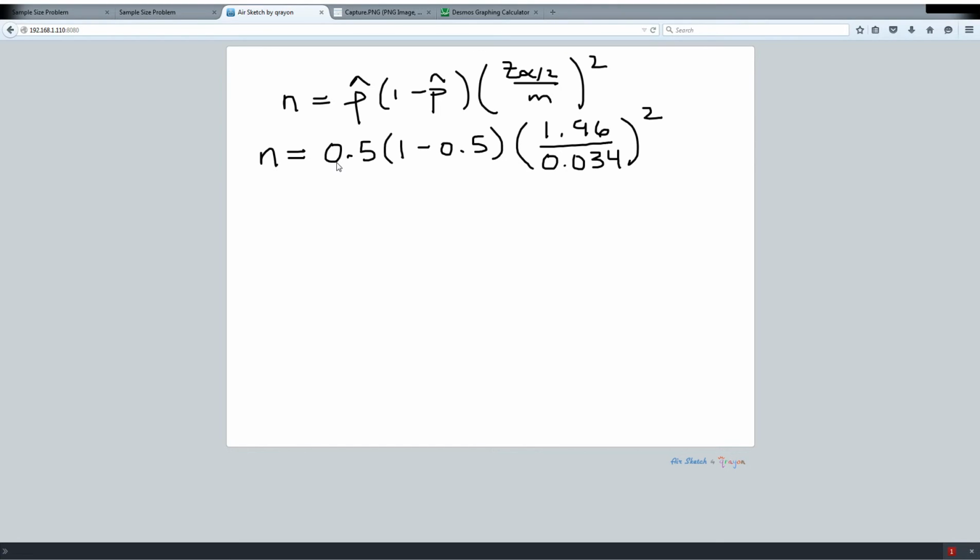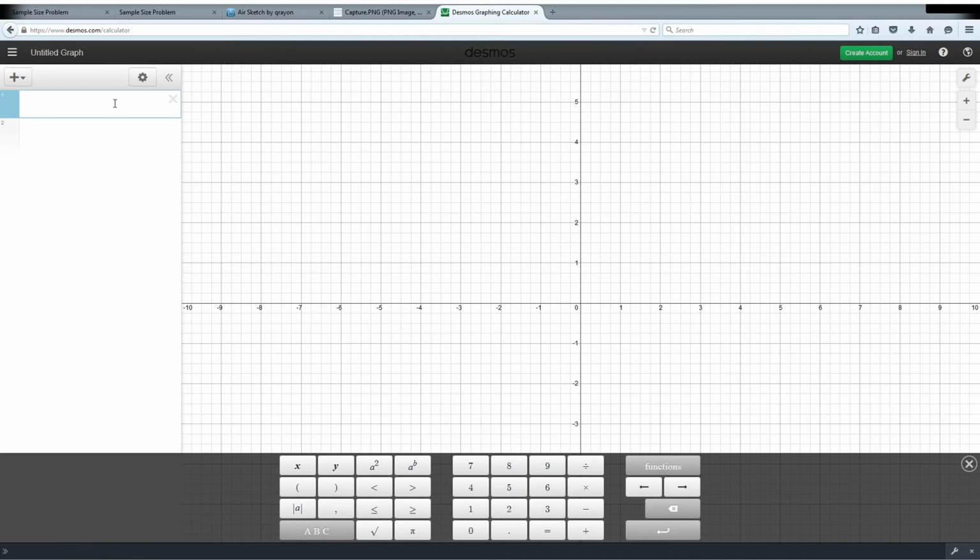And so what we're going to do is go to the calculator and put that in. I'm just going to type it in here in Desmos. 0.5 and then times 1.96 divided by the margin of error, which was 0.034. So that's what that calculation looks like.